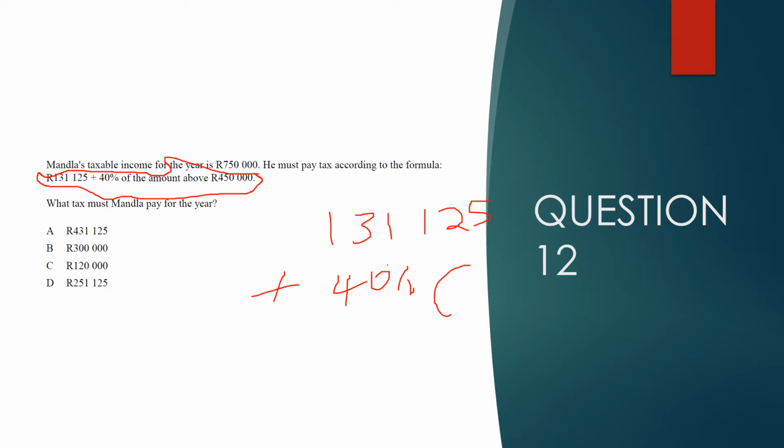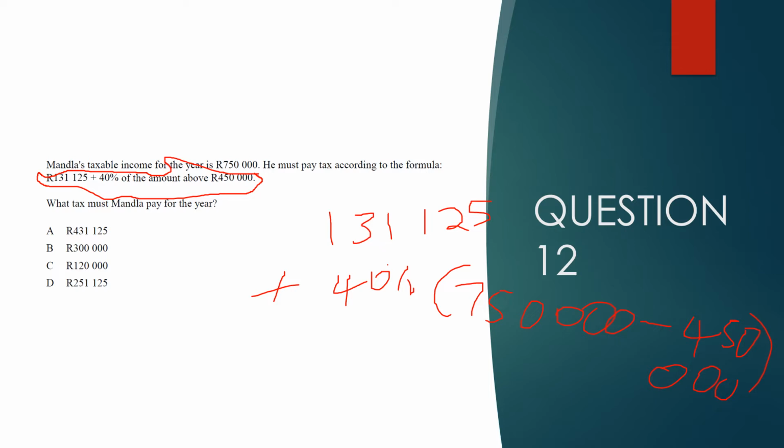So we are comparing 450,000 with 750,000. The difference between these two amounts, we need to get 40% of it. I don't have enough space, guys. I'm sorry.